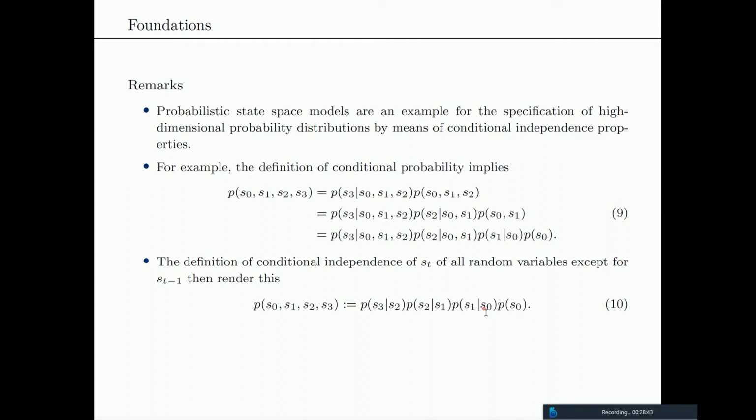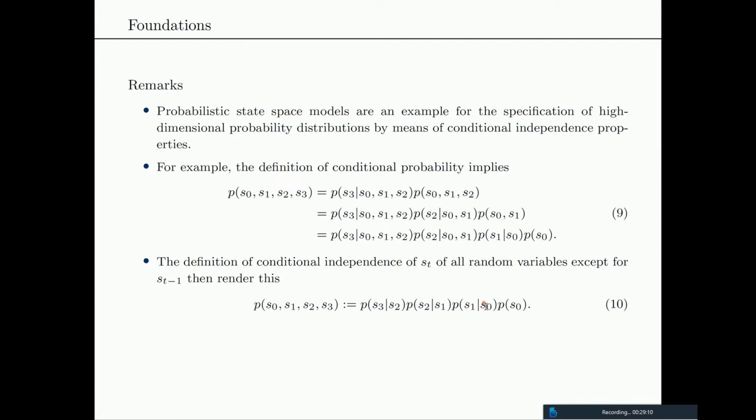So this maybe takes a little bit of time to get used to. If you have a big joint distribution, you can always rewrite it in terms of conditional probabilities, based on the definition of conditional probability. But then you can, in addition, introduce certain conditional independence properties, and this is what's happening in the definition of a state space model.